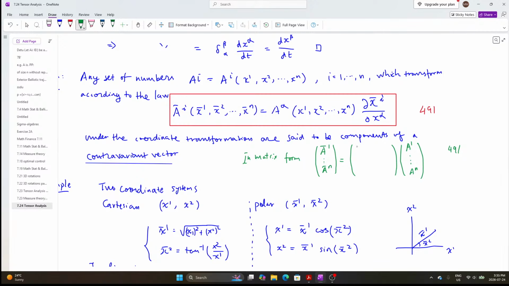So the matrix starts from dx bar 1 over dx1, goes all the way to dx bar 1 over dxn, and it goes down to dx bar n over dx1. Sorry, downstairs should be, yeah.